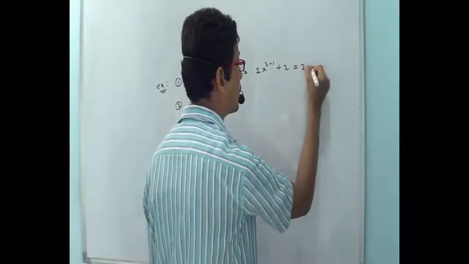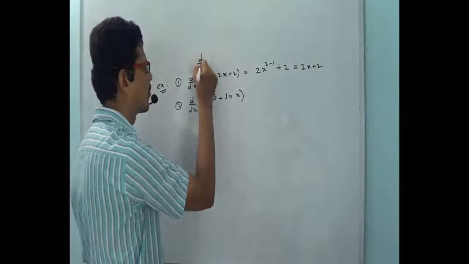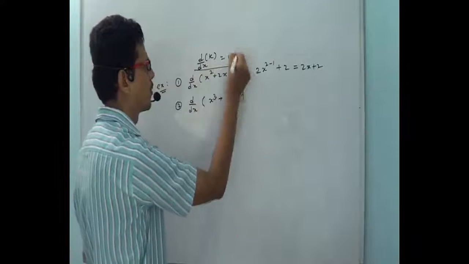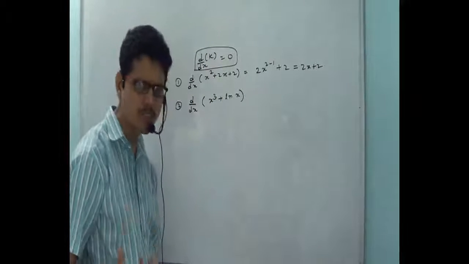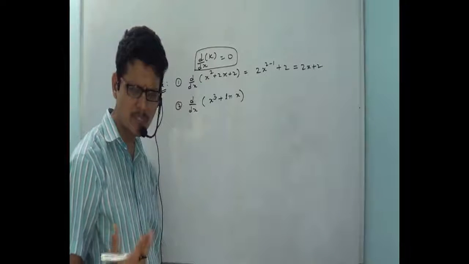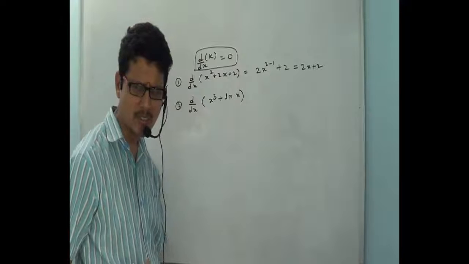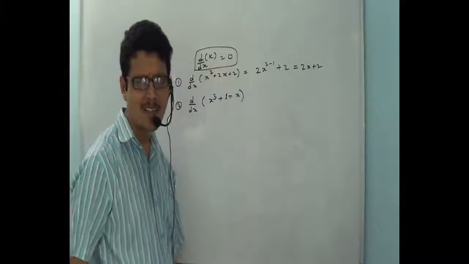Okay, so 2x plus 2 is the answer. You remember that the derivative of a constant is 0, because it is not changing. What does d by dx mean? It's a rate measure: one quantity is changing with respect to another quantity. Then what is the derivative of a constant? It will be 0, right?